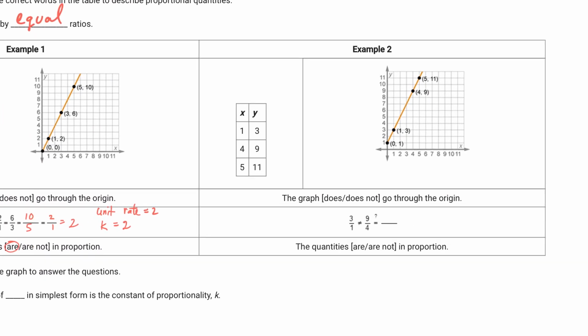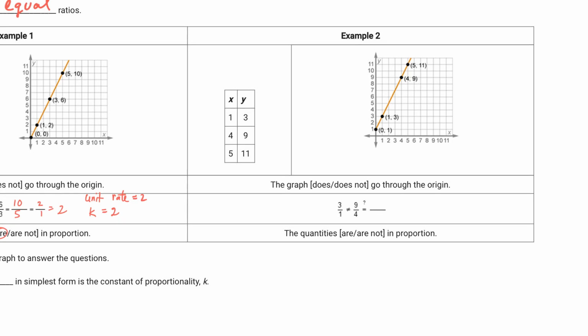On this one here, we have 1, 3, then 4 on the x, 9 on the y, and 5, 11. Now this is a straight line, but it doesn't go through the origin.